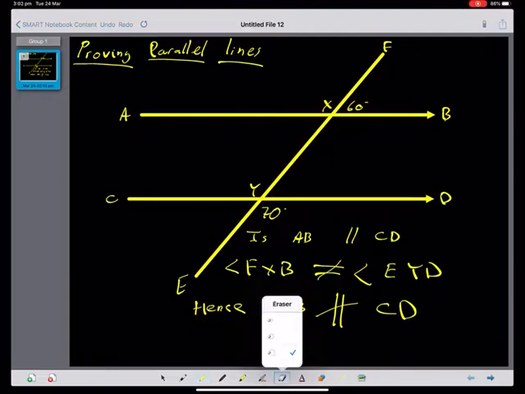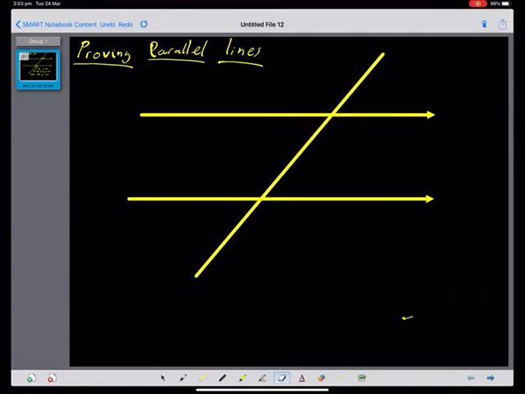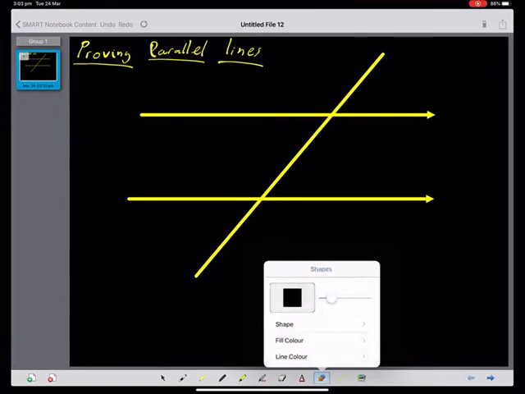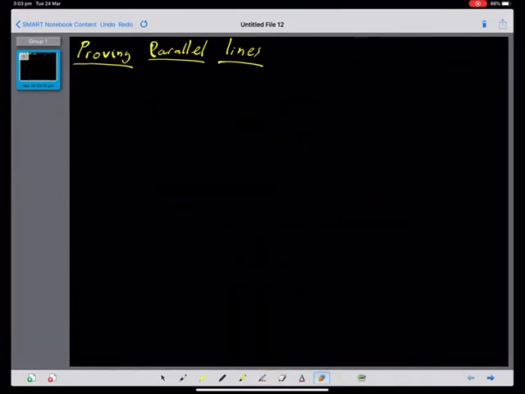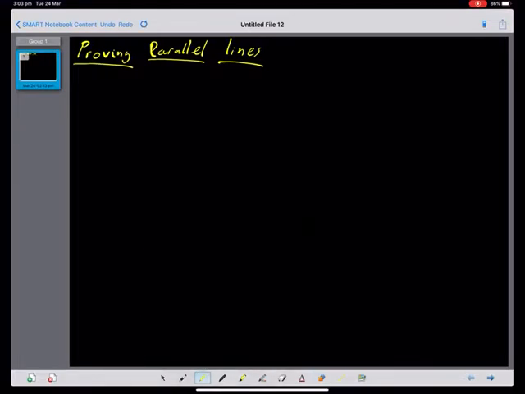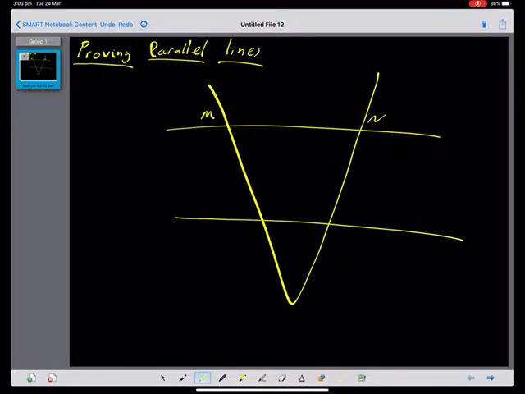Let's have a look at one more question. Let's have a look at MN and PQ.